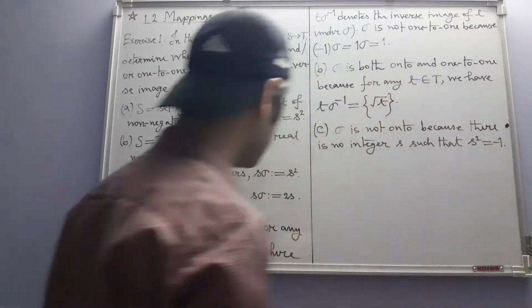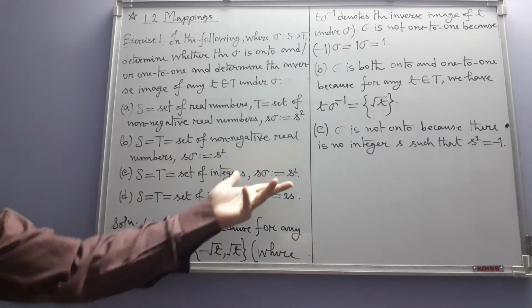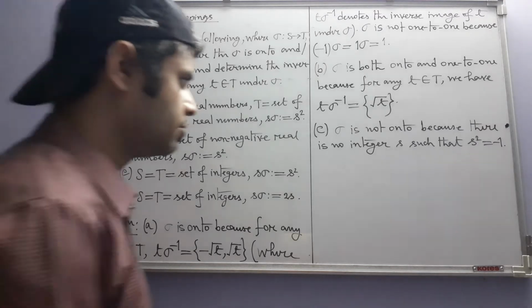Now -1 is an element in T, because -1 is an integer, but it's not the square of any integer. So that's why the function is not onto.